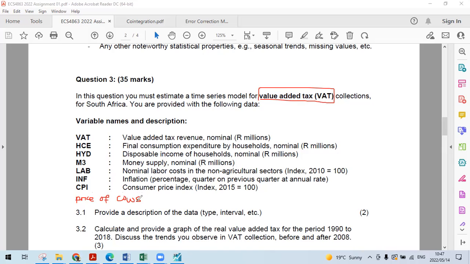What do you think? Yes, it can. Okay, what if I say another variable? Maybe I say what can influence VAT? Then I just say climate change.